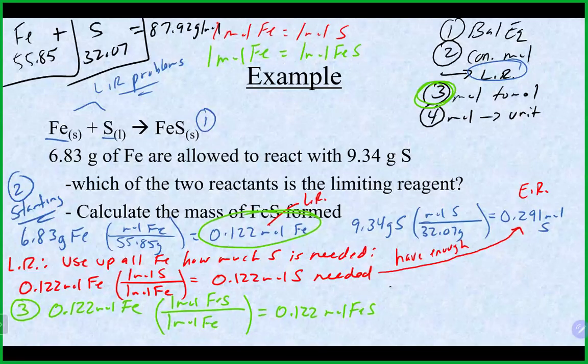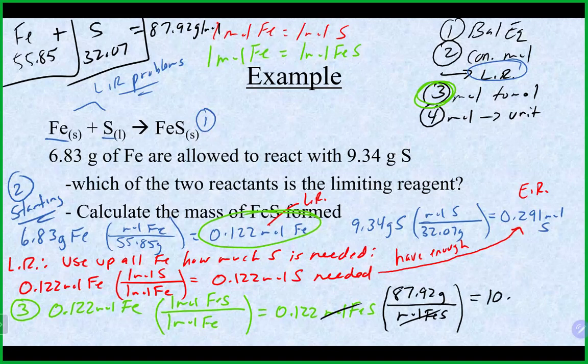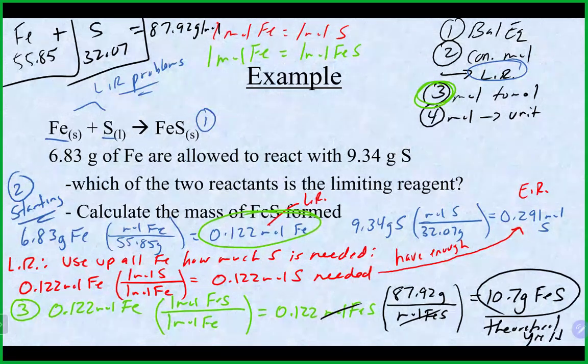So using that as our final conversion factor here, grams up on top so that we end up with grams, moles on the bottom so they cancel, will get us about 10.7 grams of FeS. This would be our theoretical yield in this case, as it is a product. Any questions on those steps there?